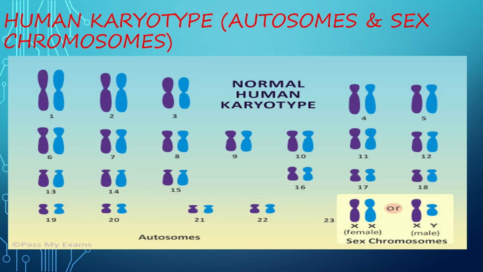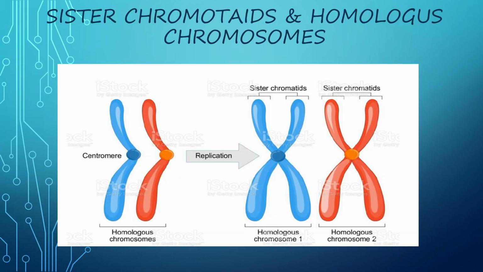Now we know different types of chromosomes. So now can we tell what helps in determining the sex of an individual? Is it only chromosomes or some other factor too? Before coming to this topic, let's first discuss the difference between sister chromatids and homologous chromosomes. Here in the diagram, we can see one blue and one red chromosome.